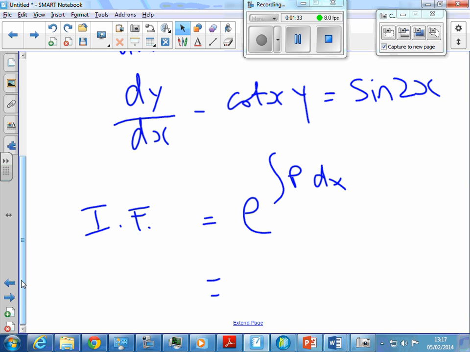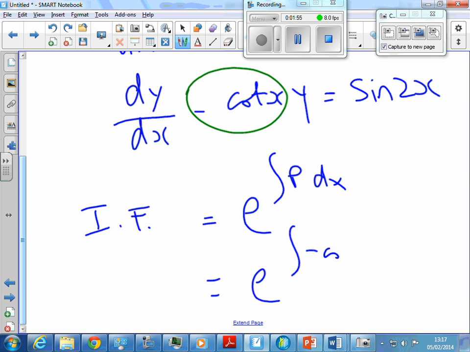Be careful here that the term in front of y is actually minus cot x, not cot x, because there's a minus there. So you have to be careful there. So this is equal to e to the integral of minus cot x dx.